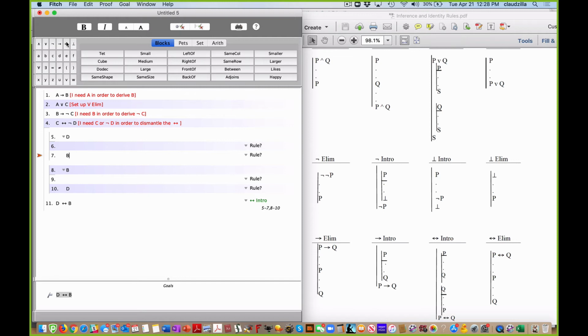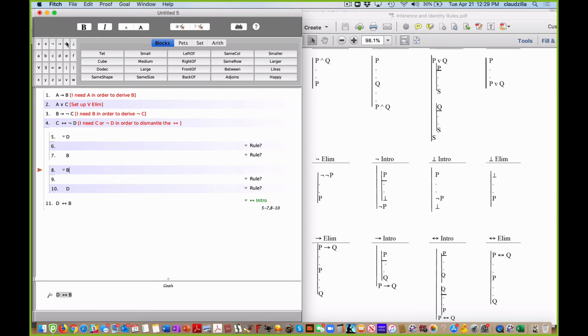And then if you say, well, gosh, I'm really not sure, here's something else you can think about doing. You could say, you know what, I don't have to start with the first biconditional subproof sequence. I can start with the second one. On the assumption I have B, I'm going to derive D.